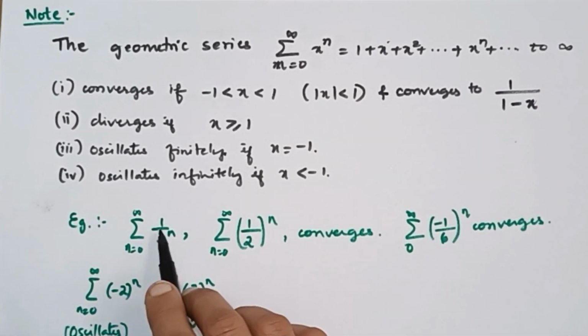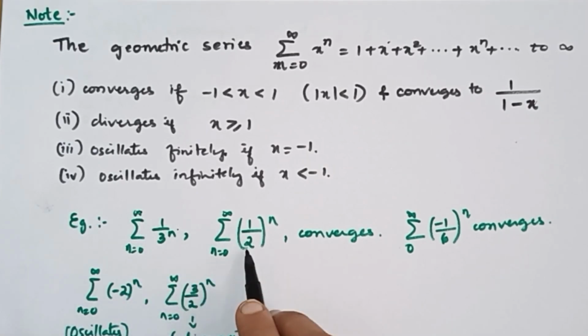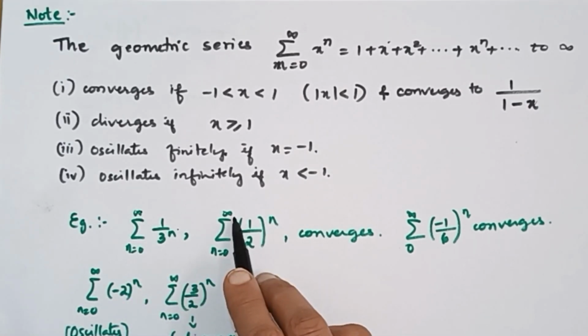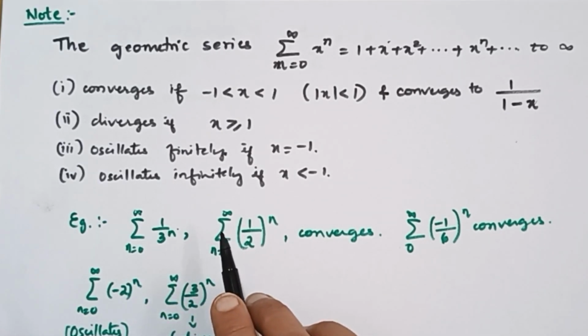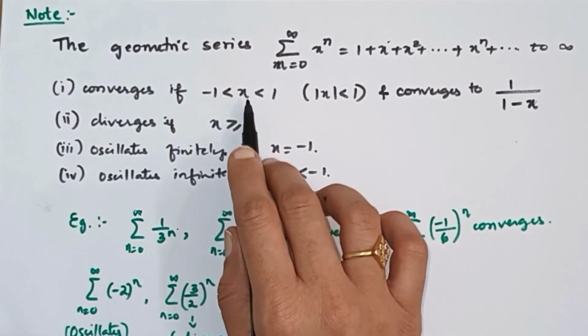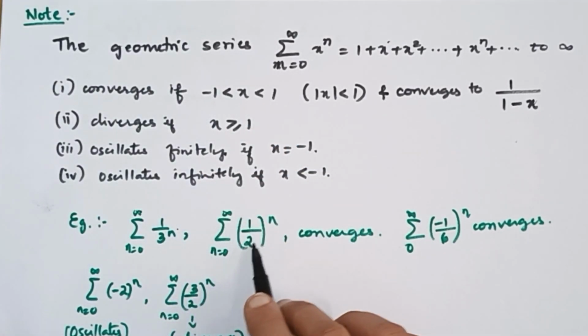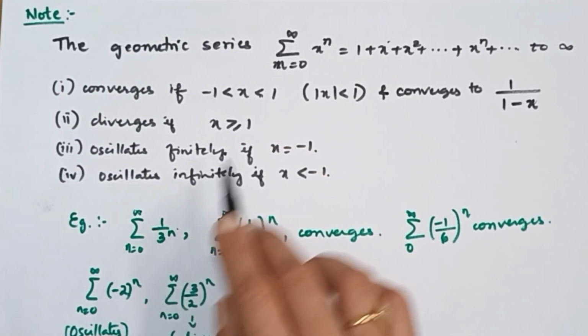See, for example, summation of 1 by 3 to the power n, n equal to 0 to infinity, or 1 by 2 to the power n, n equal to 0 to infinity. These two are geometric series. Therefore, you can check the behavior of these two series using this condition. See the value of x. Here x is half, which is less than 1. Here x is 1 by 3, that is also less than 1.